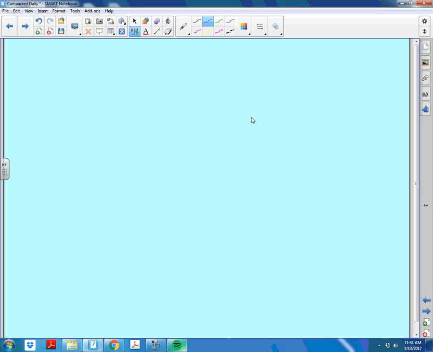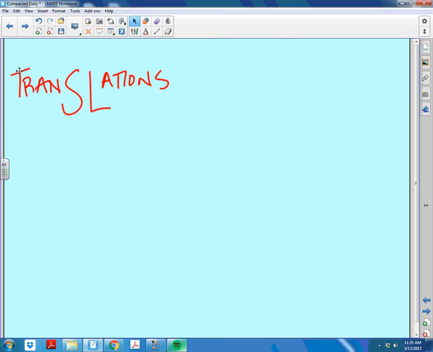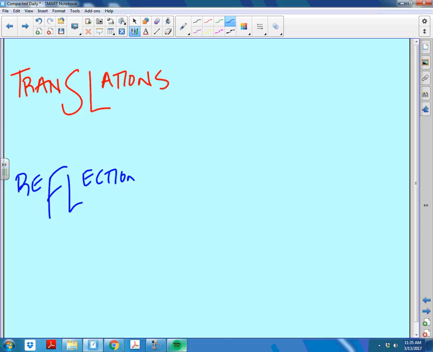And the four that we're going to learn about, these are the two we're going to learn about today: translations and reflections. A translation and a reflection. Tomorrow we'll deal with dilations and rotations, which are a little bit more complicated.